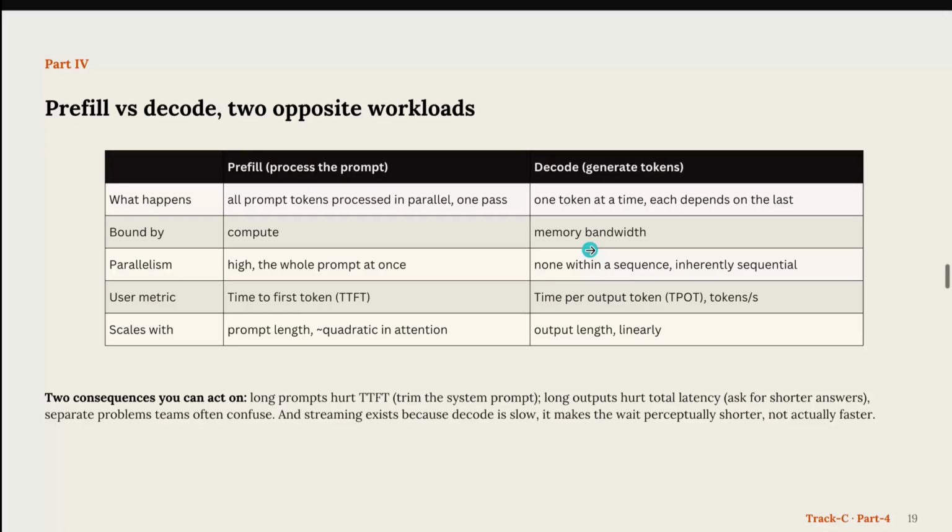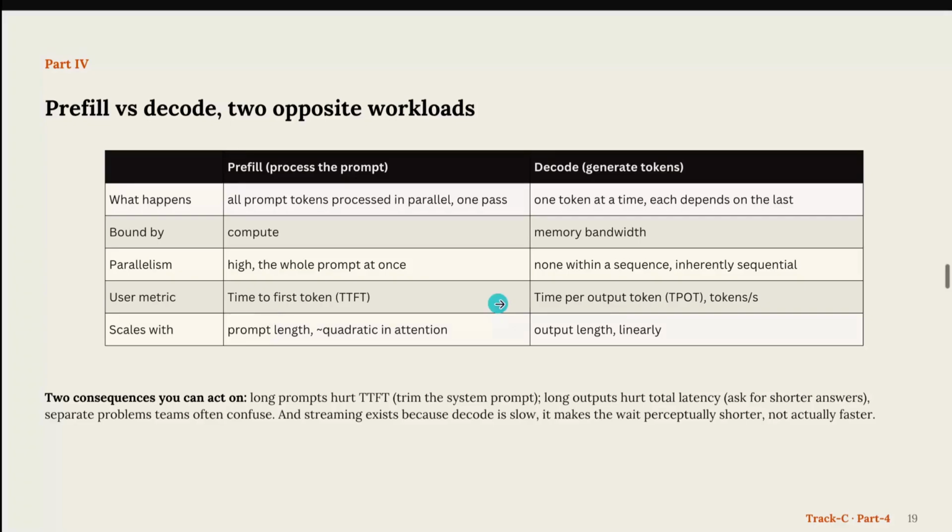Parallelism is high in prefill, because you could take the whole prompt at once and punch it through, but in decode it happens in sequence. You are generating one token at a time. If you were to measure prefill, it's all about time to first token, because you're giving this whole context, and until the first token generates, it's all about processing the prompt.